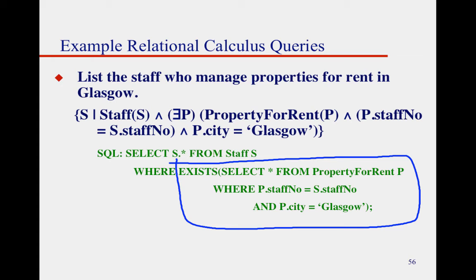Okay, it's actually row. Table is where you use in. Row is where you use exists. So if you literally translated this query into SQL, it would look like that. Now, that's not how I would probably write it. I would probably write it as a join.